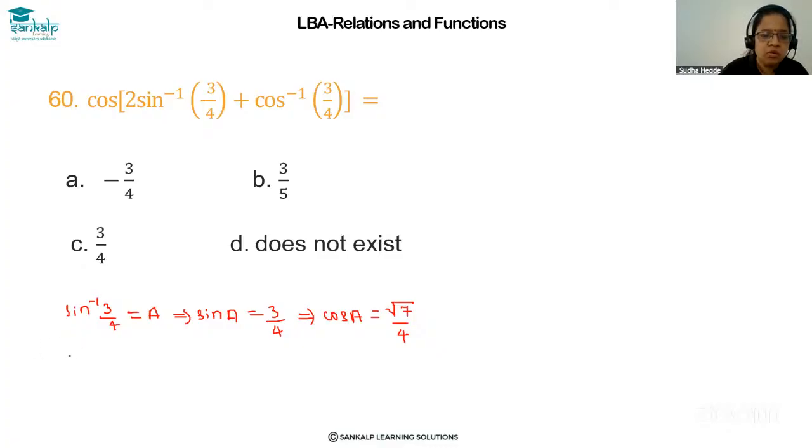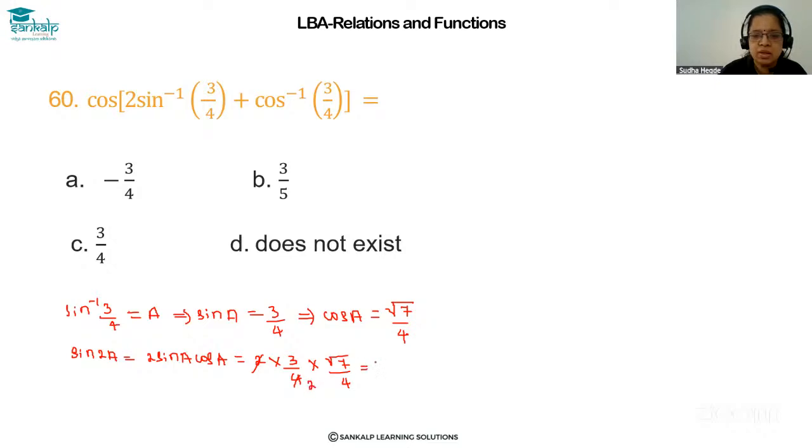So, now you calculate sin 2A. Sin 2A is equal to 2 times sin A cos A. That is 2 times sin A is 3 by 4, cos A is root 7 by 4. You can cancel this.